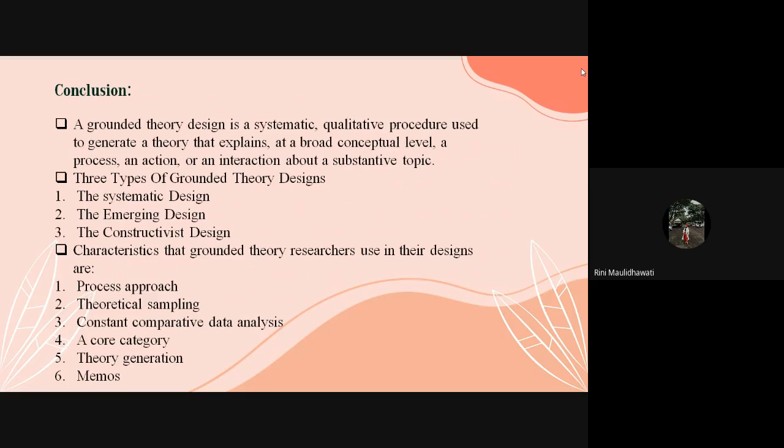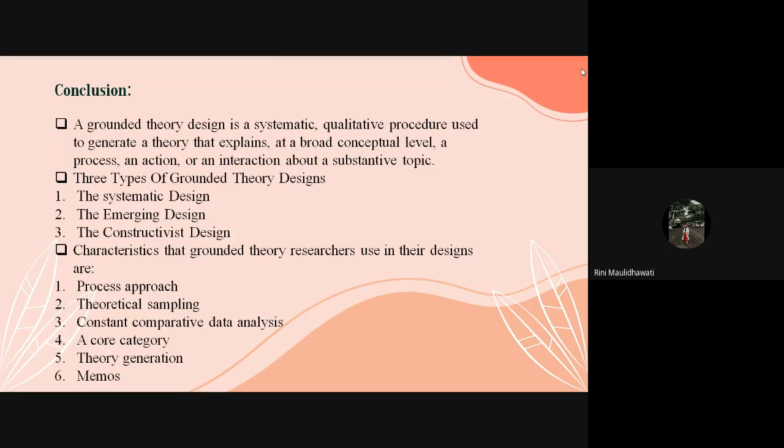Now I want to explain the conclusion of our topic. Grounded theory design is a systematic qualitative procedure used to generate a broad conceptual level, a process and action, or an interaction about a substantive topic. And then the second one is three types of grounded theory design. The first is the systematic design.